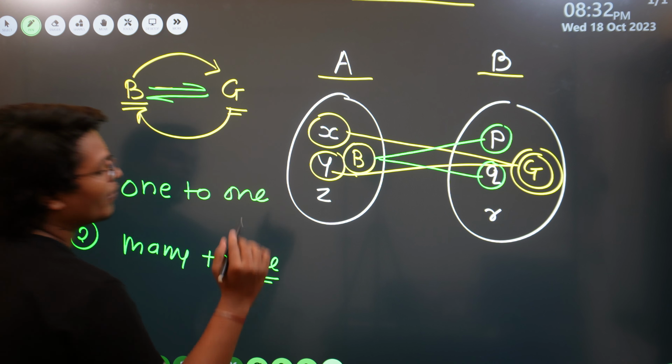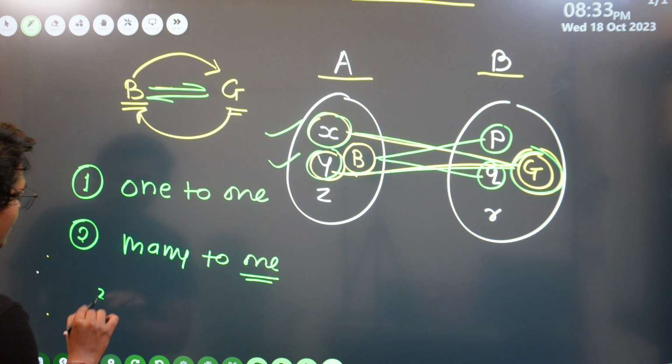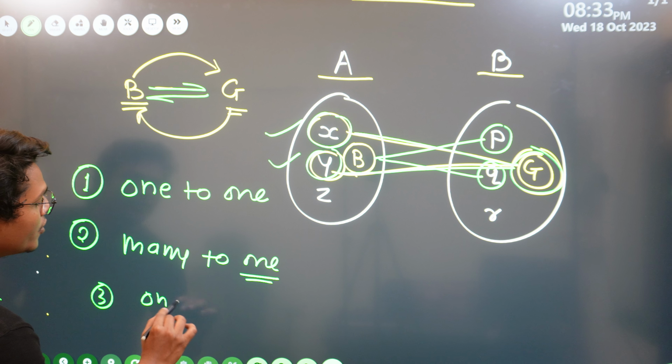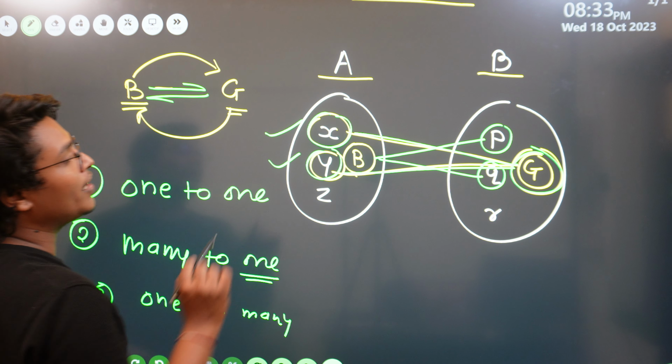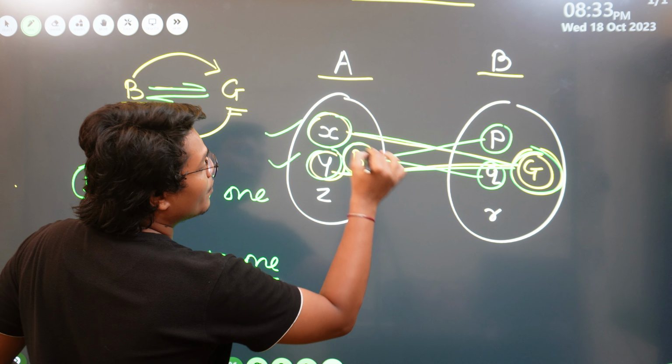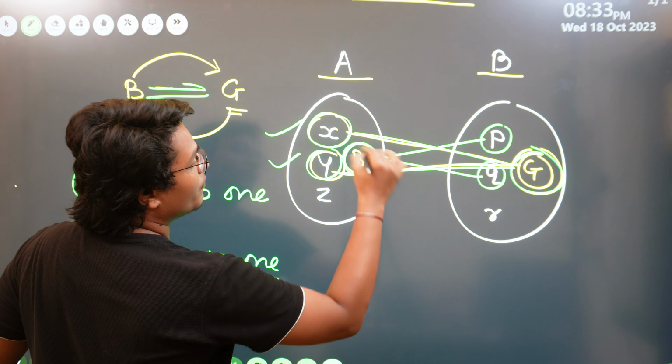The third is one-to-many: one member of a family is related to two other members of the other family. So there are always three types of relation: one-to-one, many-to-one, one-to-many relation. Now see.